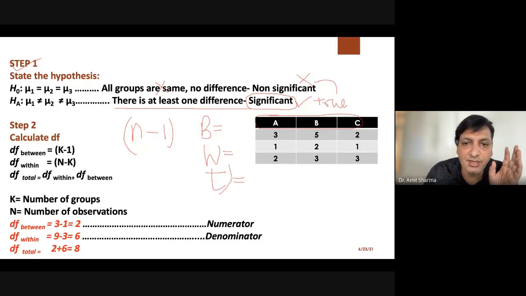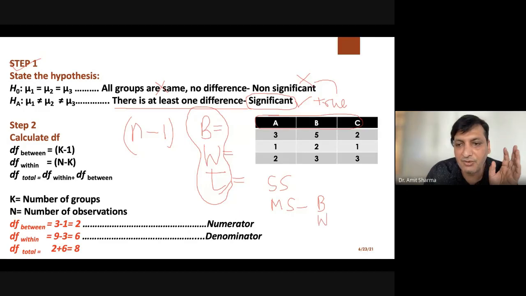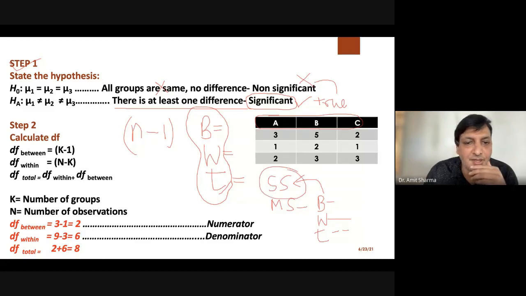For example, if you are calculating the sum of squares, or the mean sum of squares, you have to calculate it separately for between, within, and total.